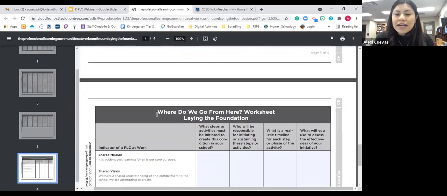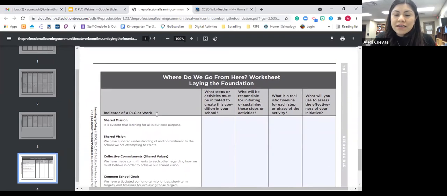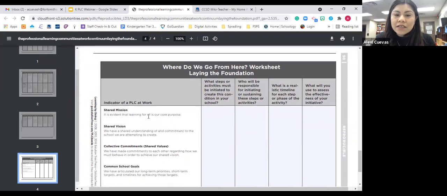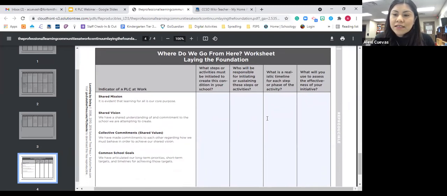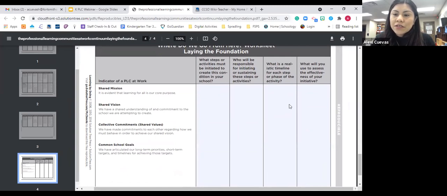And then the very last page is where you can make a plan. So your shared mission, what steps or activities must be initiated to create this condition in your school, who will be responsible for initiating or sustaining these steps or activities, what is a realistic timeline for each step or phase of the activity, and what will you use to assess the effectiveness of your initiative.